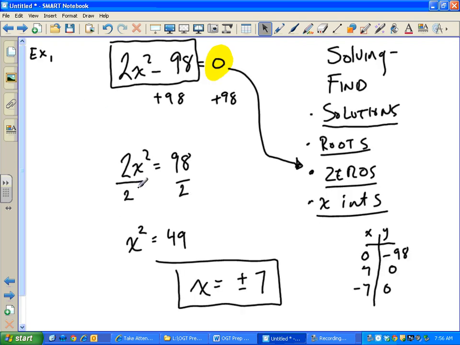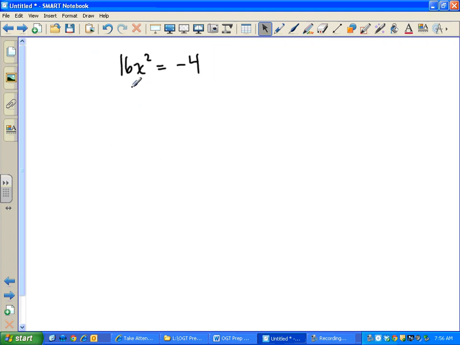What's the next thing we did then? This one we divided by 2. What are we going to divide by over here? So everybody divide by 16 on their paper. Divide by 16, we're going to get x squared equals what? Negative 1/4. Let's use fractions right now because I think it'll be easier for you to take the square root of a fraction.